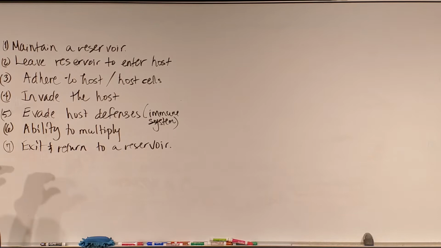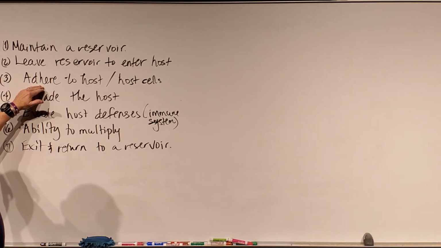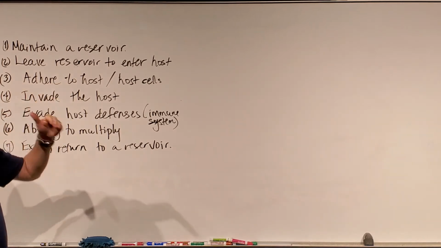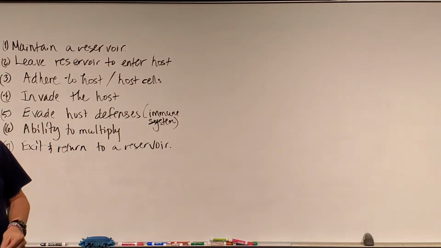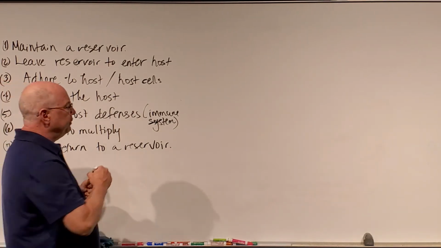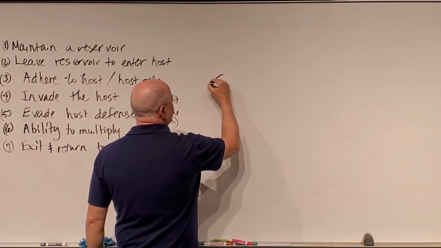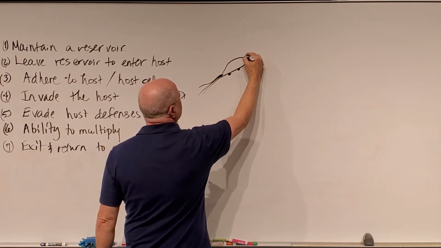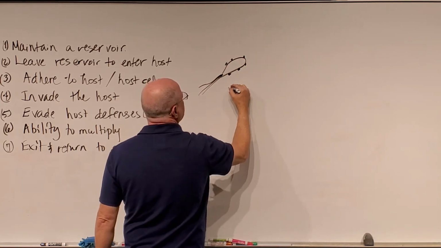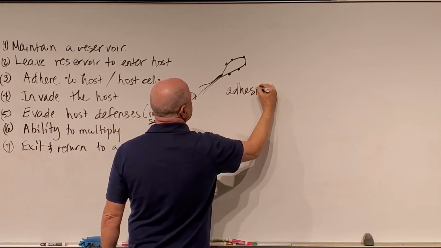Now, when it comes to our third challenge, these pathogens have to have the ability to adhere to a host or to host cells, to stick to them. And so some pathogens have on their surface molecules called adhesins.